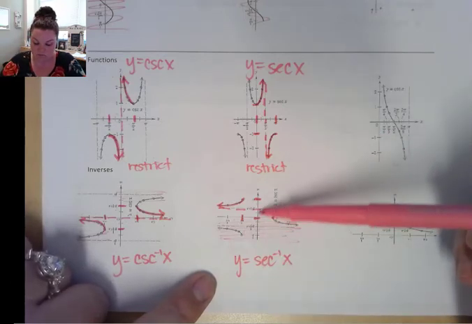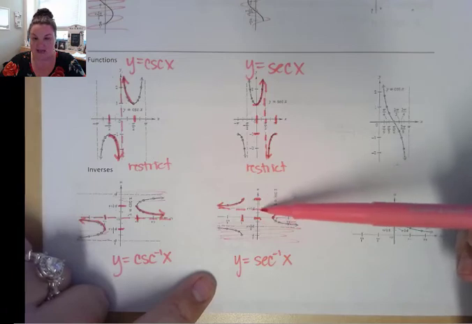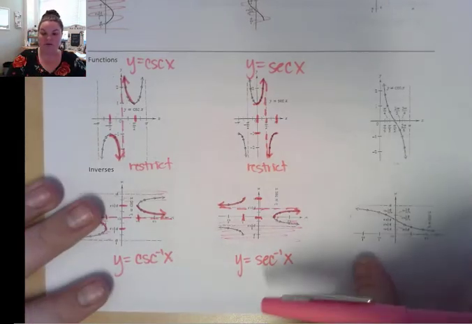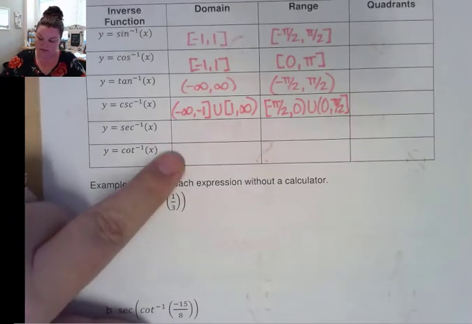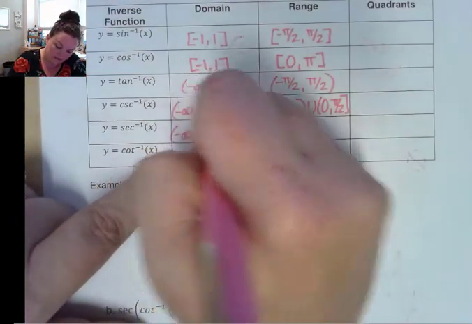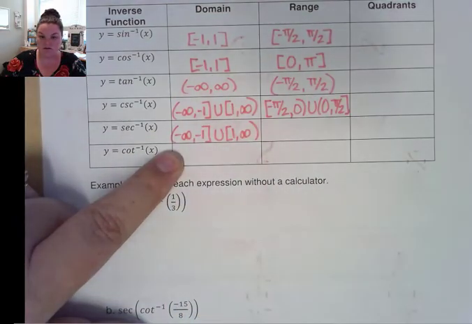And then our range is going to go from 0 up to pi, but we have to take out pi over 2, right? Because we have an asymptote there. So let's go ahead and fill that in on the next page. So on the next page for secant, our domain was negative infinity to -1 and 1 to infinity, right?